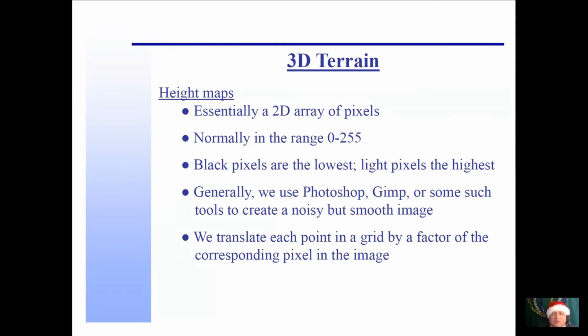This means that it's not a colored image. It's usually a black and white image in which we have 256 shades of gray. Black pixels are the lowest, light pixels are the highest.